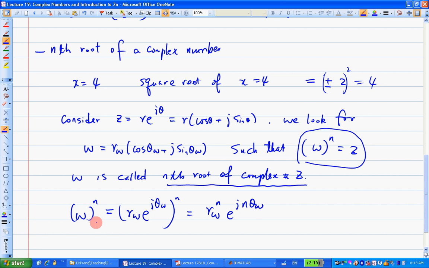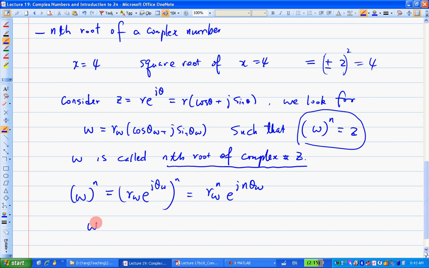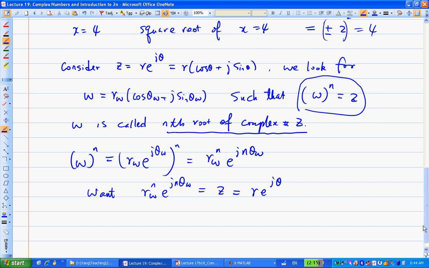And what we want is for this to equal the given z. So we want R_w^n e^{jnθ_w} equal to z. z is given, and z is R e^{jθ}. So that's pretty simple now.